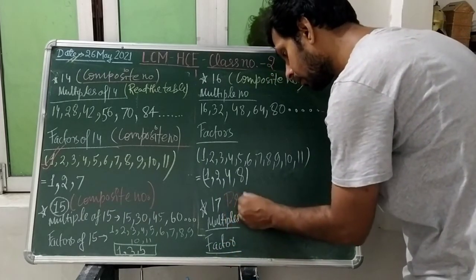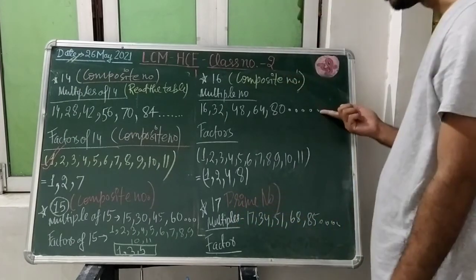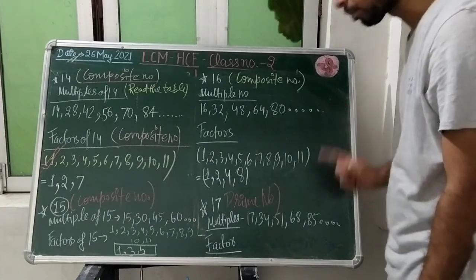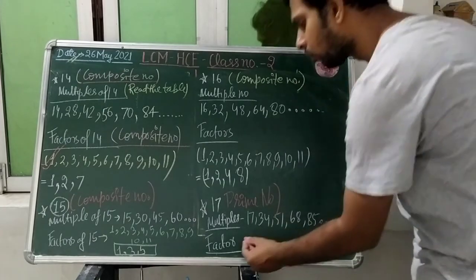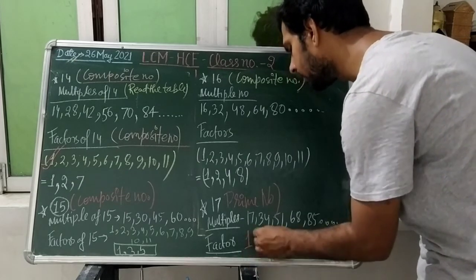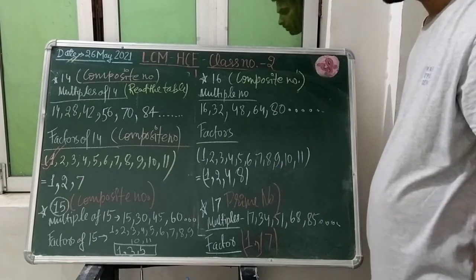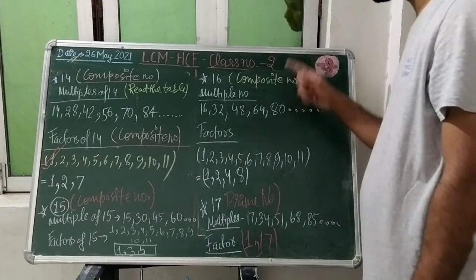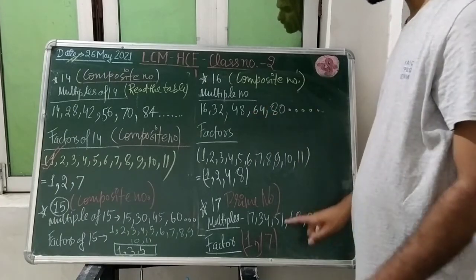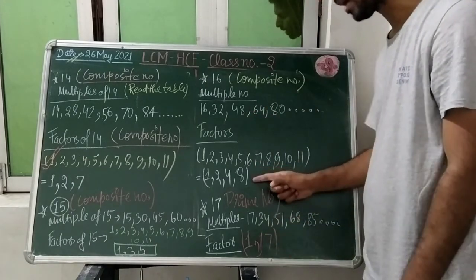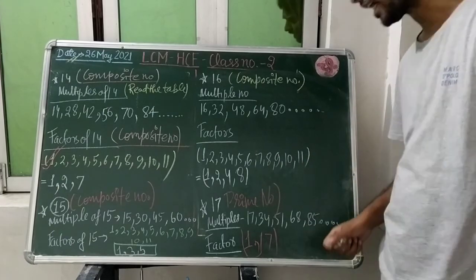It is a prime number. So for a prime number, this rule will not be applicable. For a prime number, we shall remember that 1 and the number itself will be the factors. For a composite number we shall apply this rule, but for a prime number, the factors will be 1 and the number. You can write up to here first.